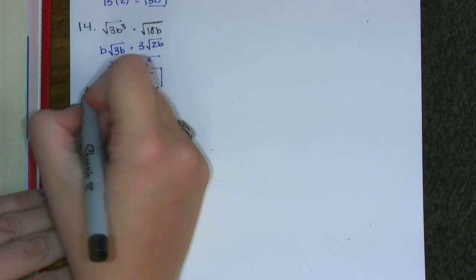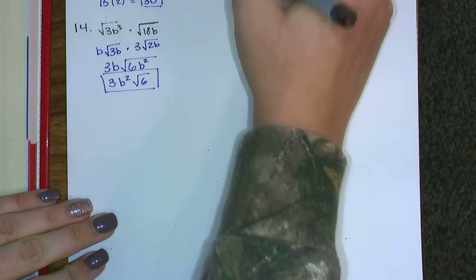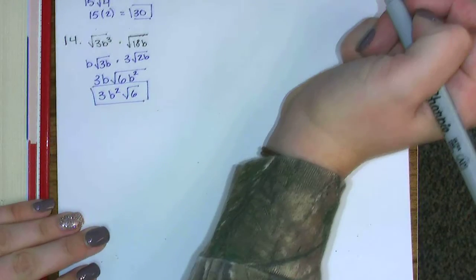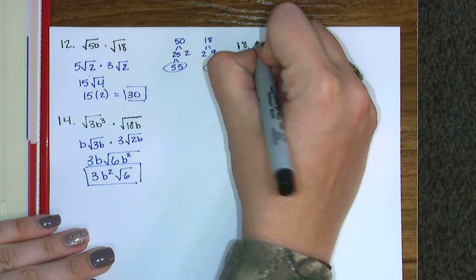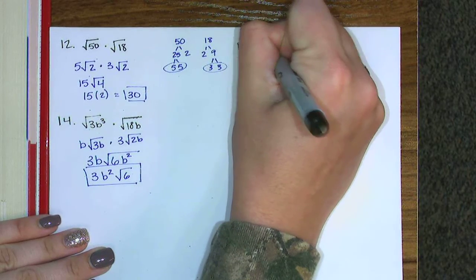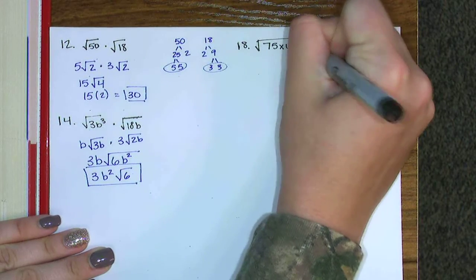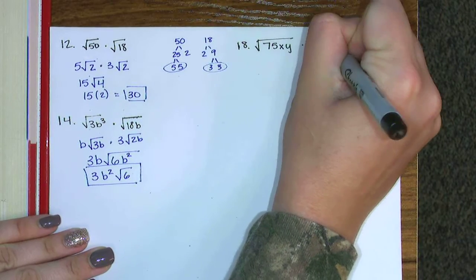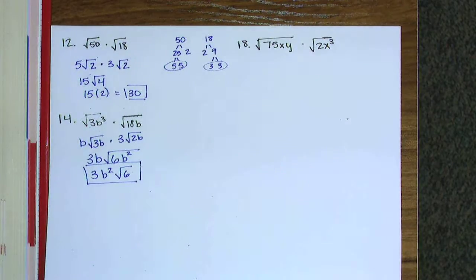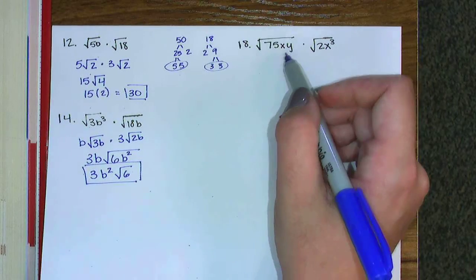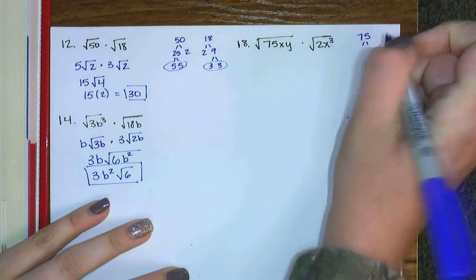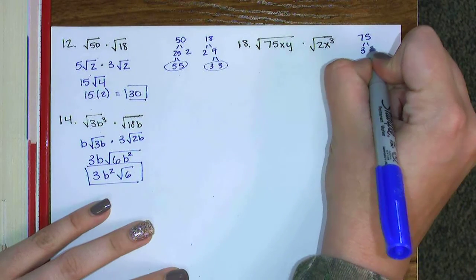Here, come up here. 18. Square root of 75xy times the square root of 2x cubed. So, 75, okay, we can break that up into 3 times 25, and 25 is 5 times 5.